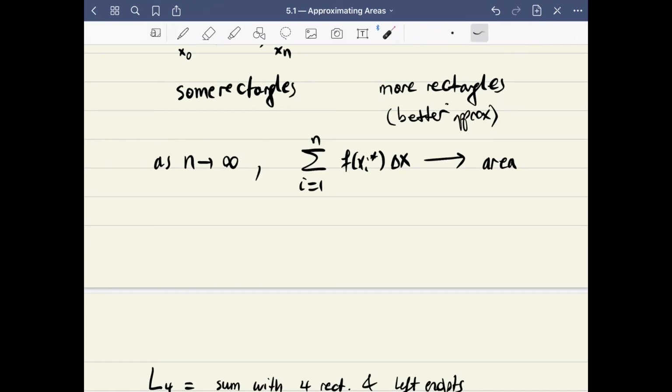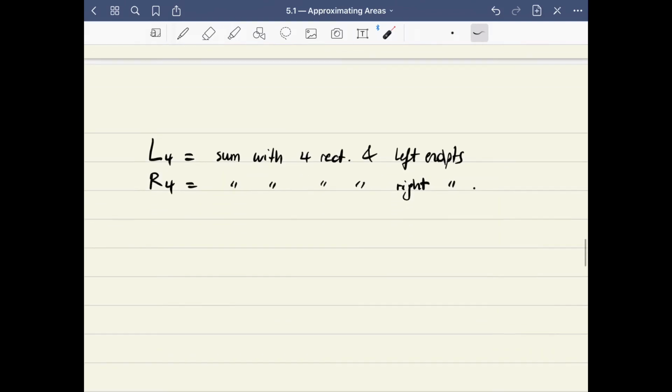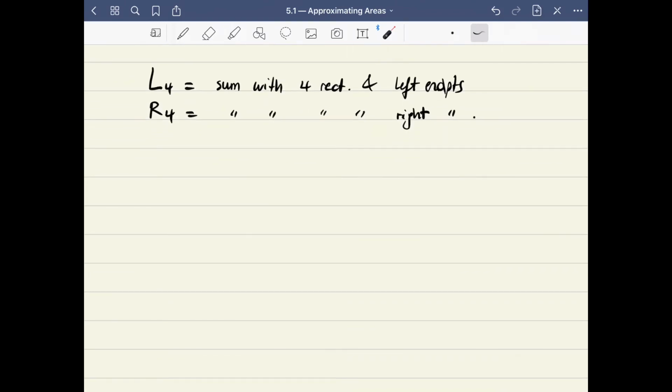Okay, so in light of this Riemann sum here, remember this is the Riemann sum. We also define what Ln and Rn should be as a sum using the sigma notation. So in general, Ln is the following. It's a Riemann sum, i from 1 to n, f of something, let me write that something later, times delta x.